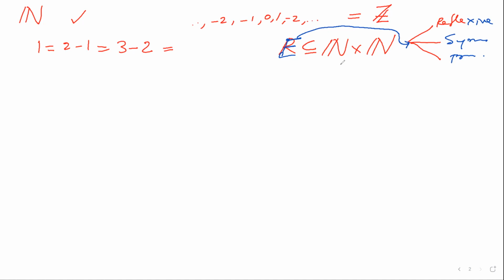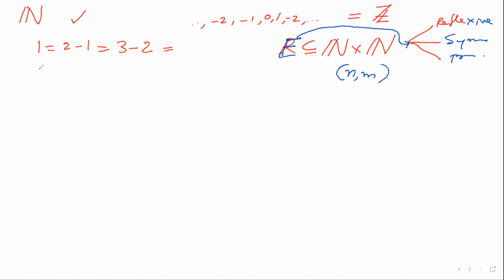So it is a subset of this. If it is a subset, the elements of this look like ordered pairs, don't they? So how are the ordered pairs related under this E?